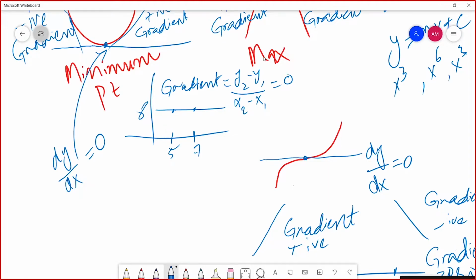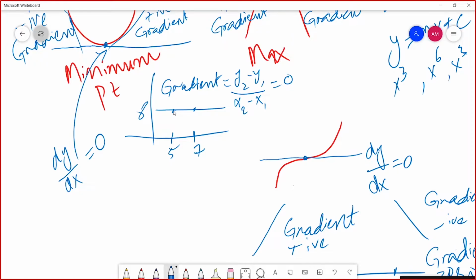What is the value of y2 at this point where I have put my mouse? 8, because this is written. And what is x2? x2 is 7. What about y1? y1 is 5.